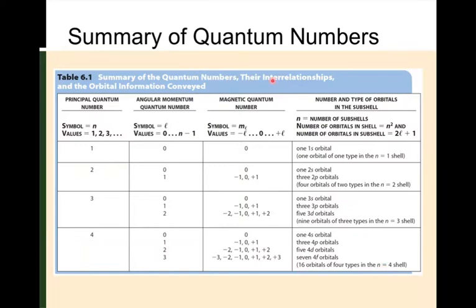Yes, Andrew? I would like to note, I just found this as an observation, but as the N value increases, the total number of orbitals and their types are all the squared values of the N values. Yes, but that only works up to N is equal to 4. Once you get to N is equal to 5, f orbitals are the maximum type of orbital.